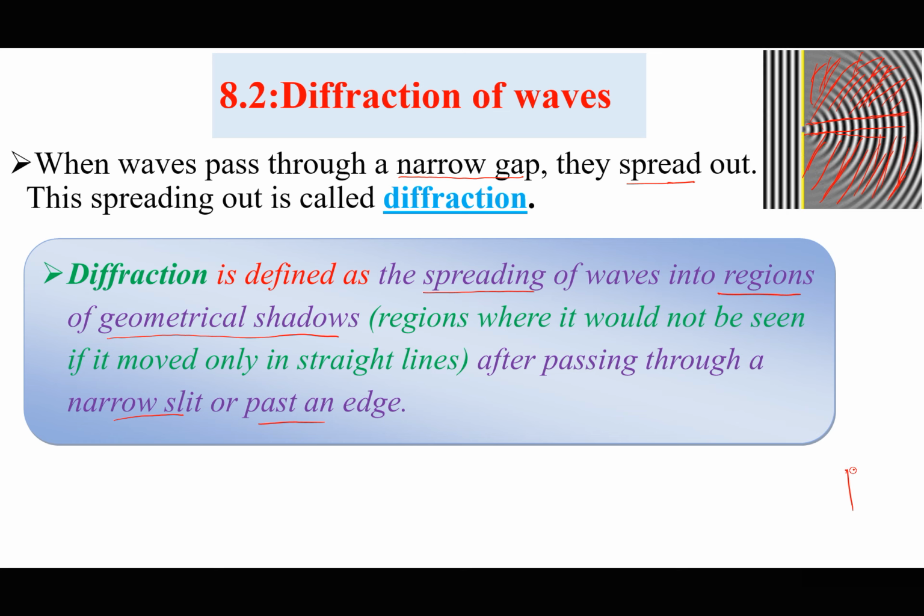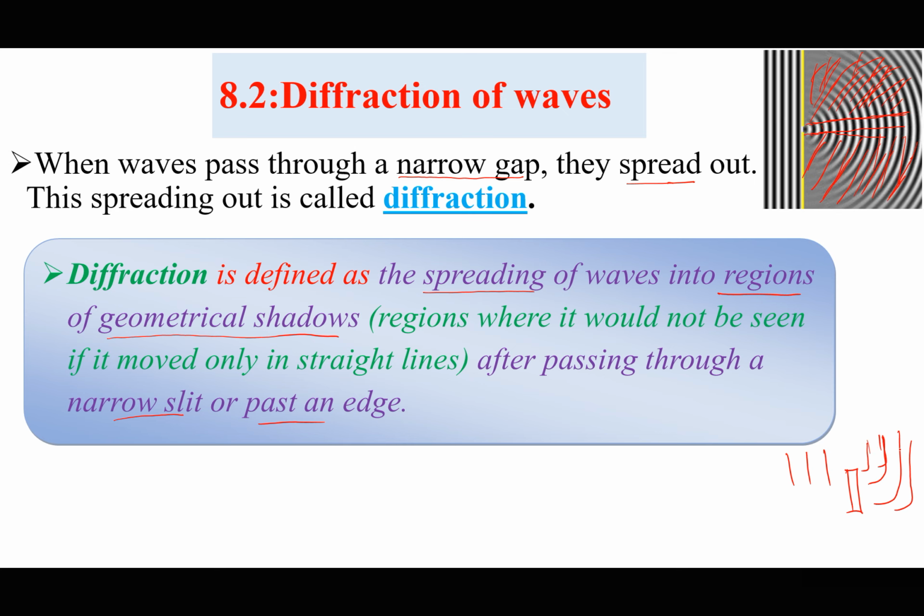We could have a barrier such as this one, and waves are incident on the barrier, and after passing by the barrier, the waves tend to spread into regions of geometrical shadow. That's what you call diffraction in IGCSE. So it is the spreading of waves into regions of geometrical shadow after passing through a narrow slit or past an edge. That is what we call diffraction.